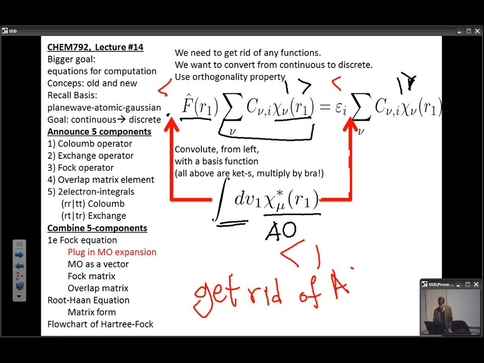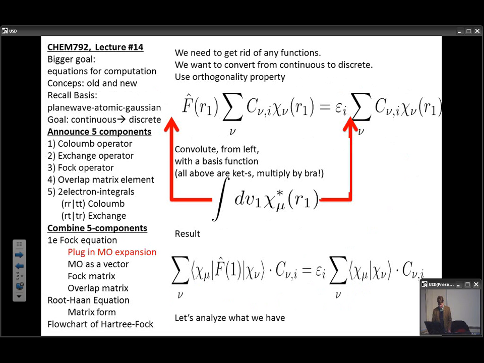Get rid of all functions. Okay, so here is this bra, ket, and here is this bra and ket, right? So there is nothing new, just added one equation.